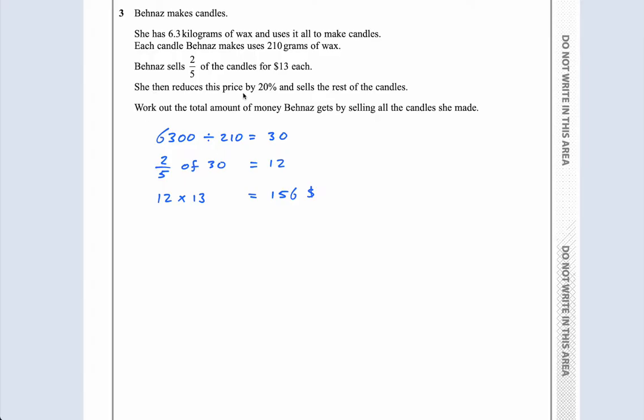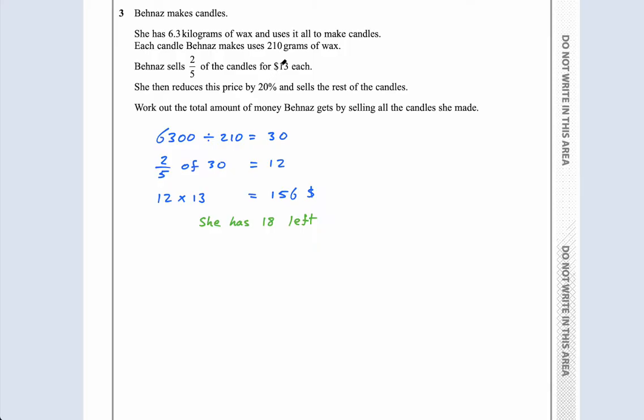She then reduces this price by 20% and sells the rest of the candles. Okay, so she has sold 12. I'm just going to write here, she has 18 left, because she sold the 12. Okay, what's she going to sell them at? What price?